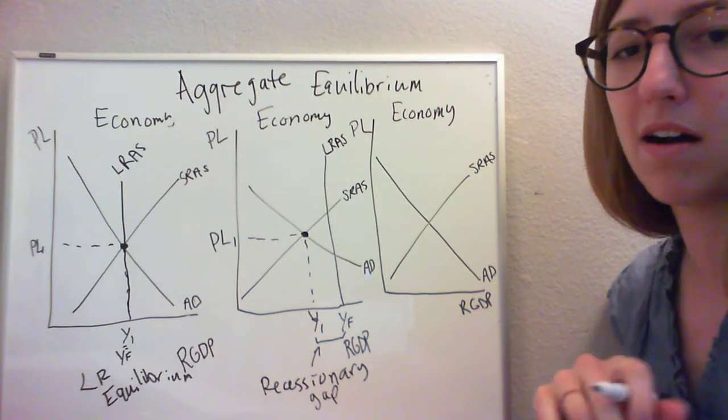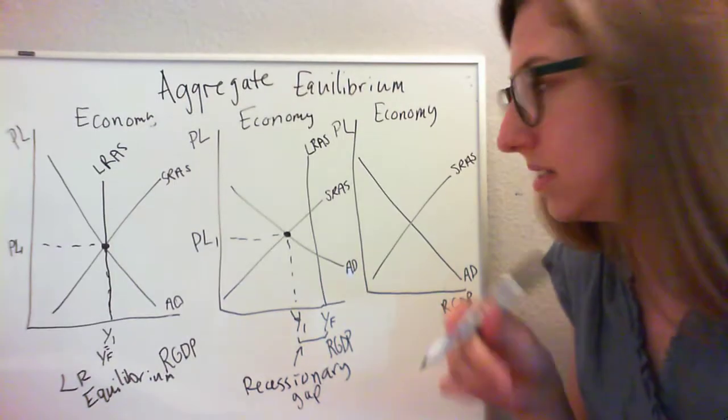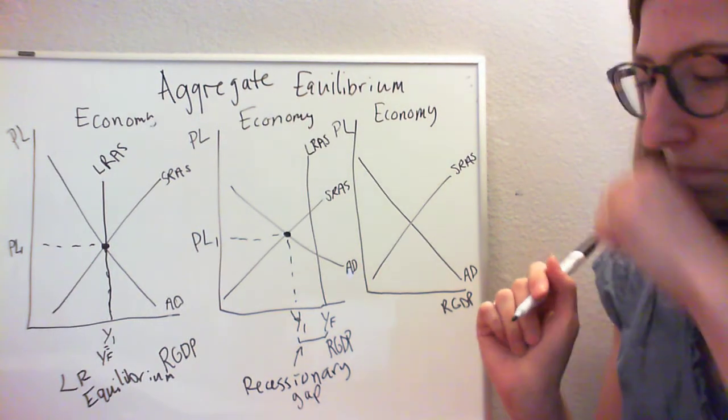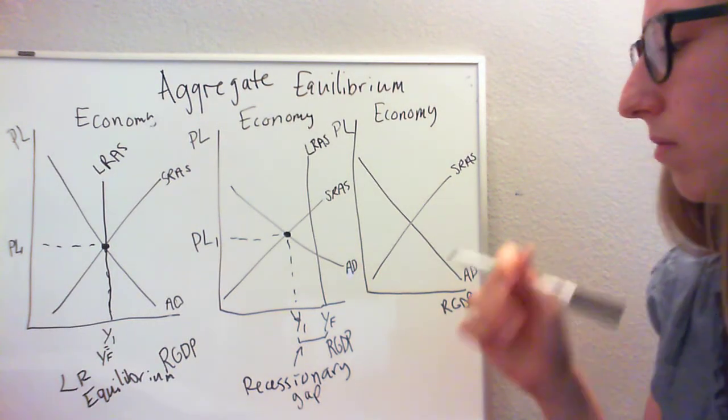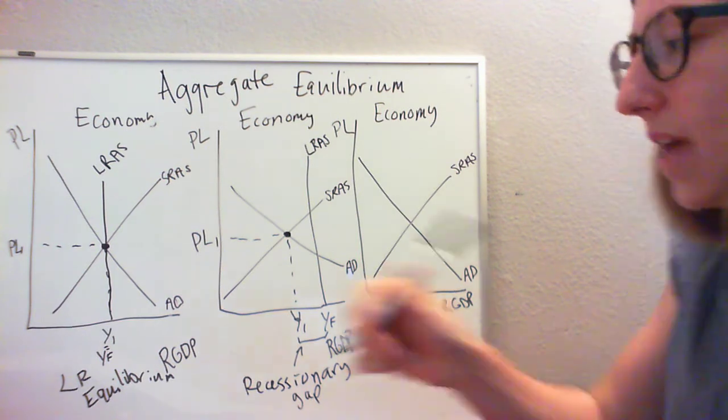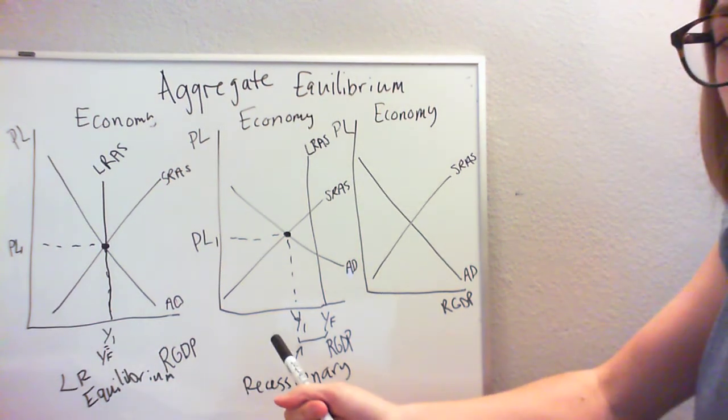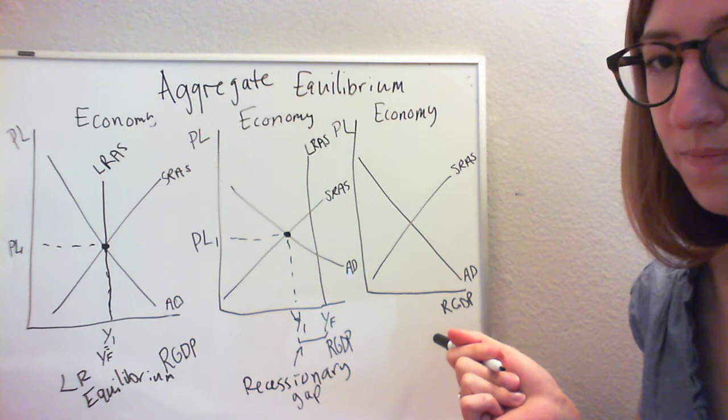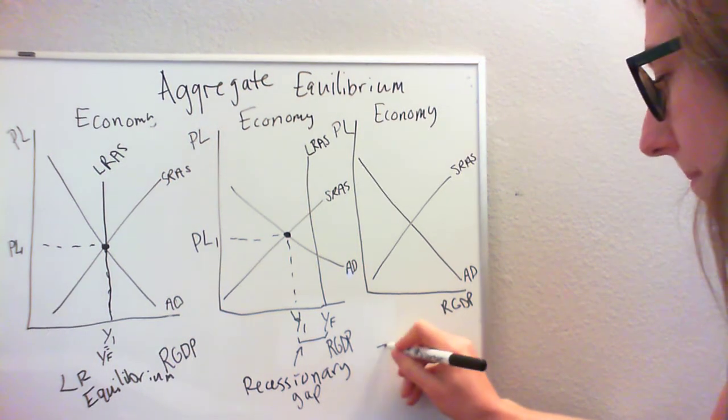All right, and then our last one here with the business cycle is going to be when production is greater than normal. So we have production is normal, production is less than normal, production is greater than normal. We're going to call this an inflationary gap.